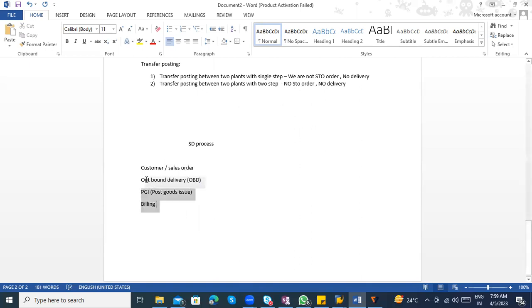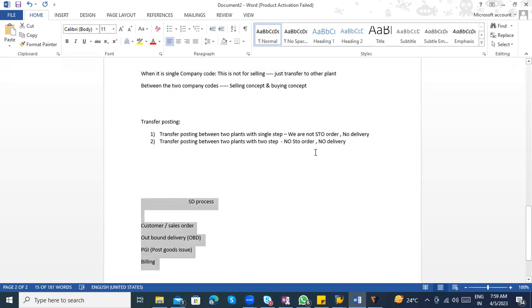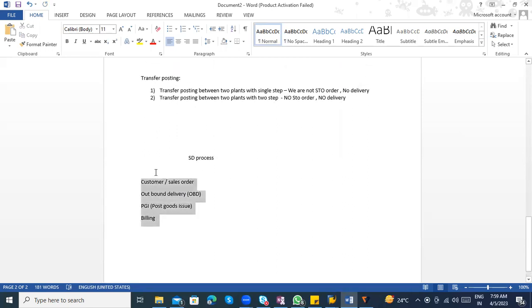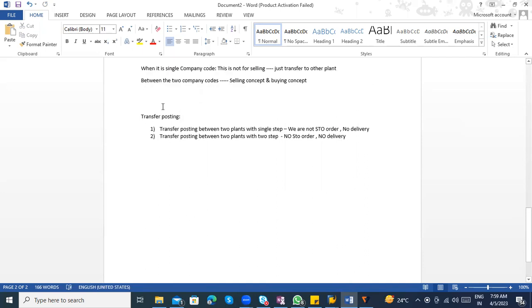So these are all SD processes. Here, if you're talking about the above, we will not do any delivery creation. We will not create any outbound delivery here. In that case, we can simply go with the transfer posting process. And there is one more step also.